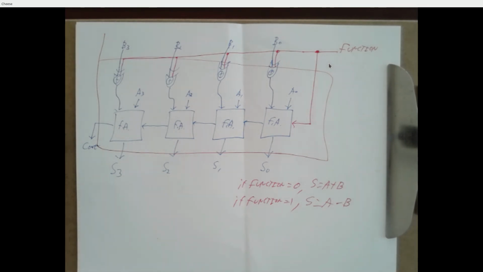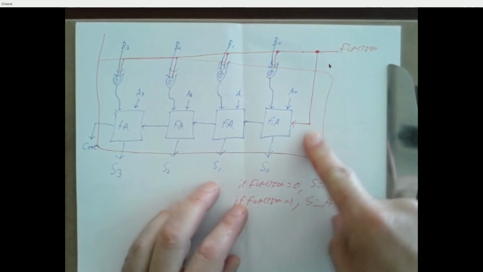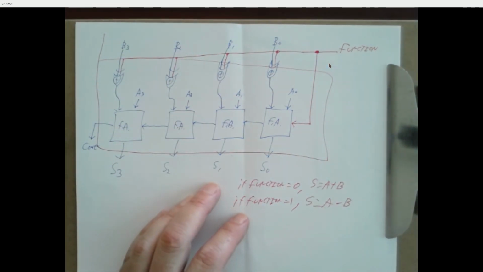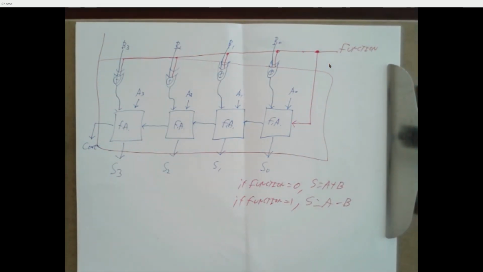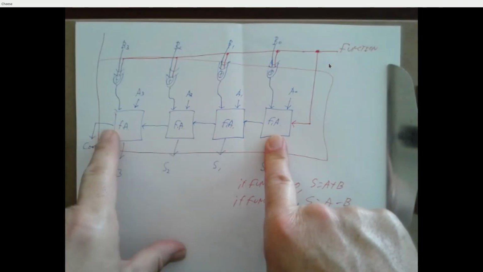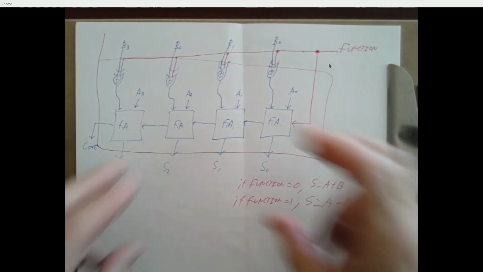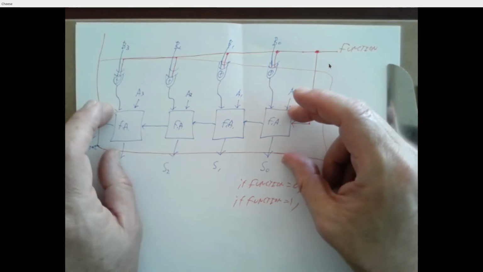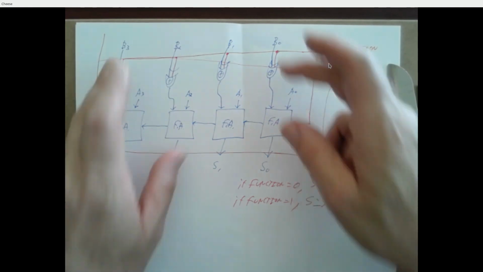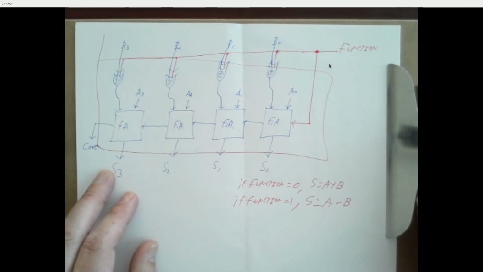Or we can think of it logically. What is a full adder? We can think of it in terms of its system diagram. 2 bits go in, a carry goes in, a sum and a carry come out. And if we're thinking of it in that sort of behavioral viewpoint, it makes sense to put these together and get a 4-bit adder. And if we think of this block as a single 4-bit adder, then it's not too bad to think of inverting the input and adding 1 to make a subtractor.